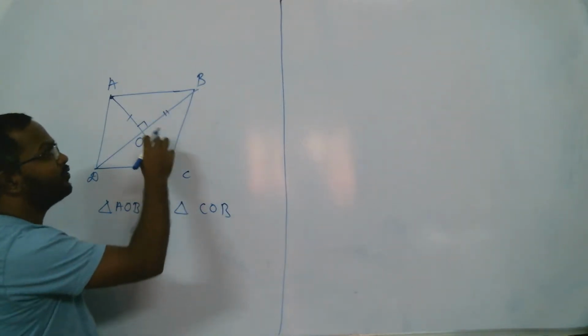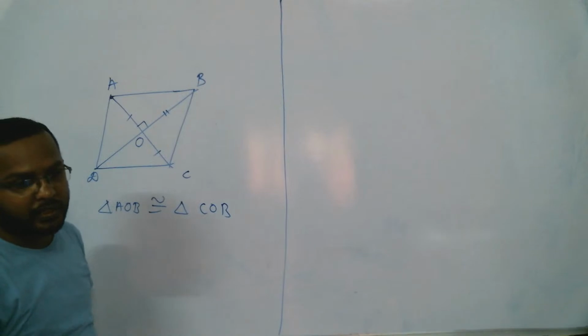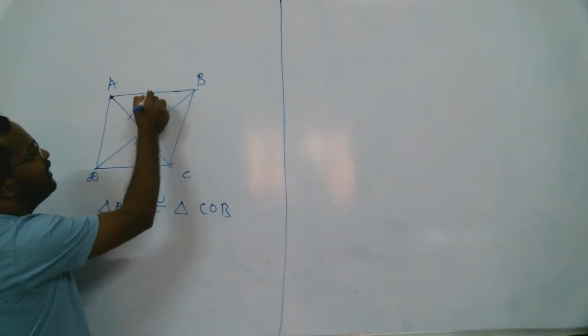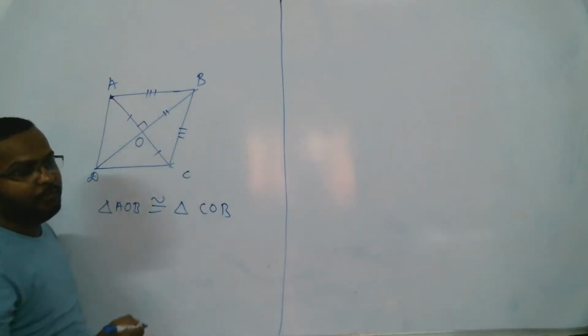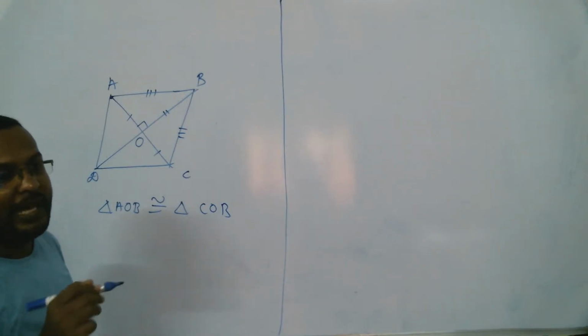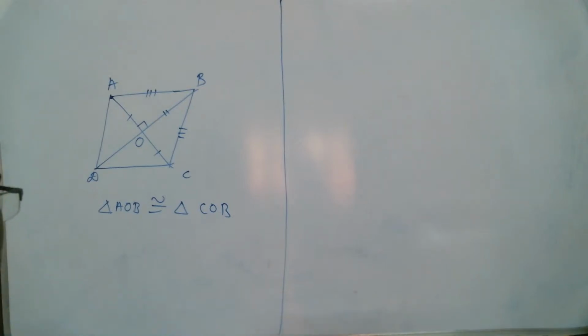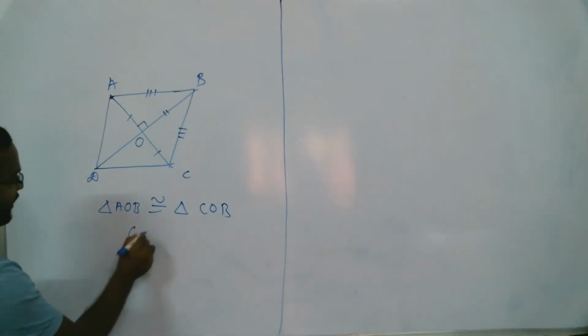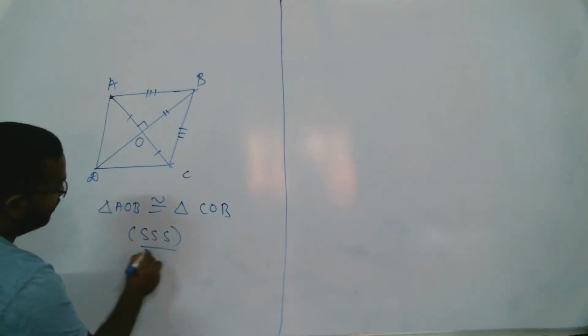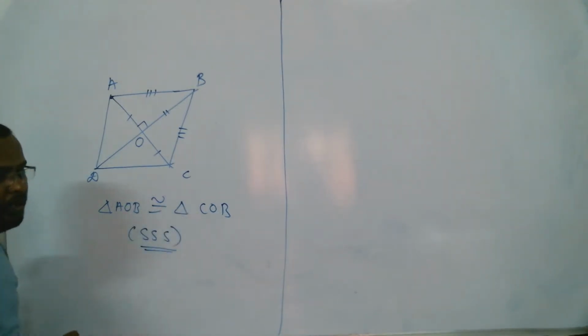And this one is common, OB is common for both the triangles. And AB is equal to BC, because they are the sides of the rhombus, and in a rhombus all the sides are equal. So by SSS criteria, these two triangles are congruent.